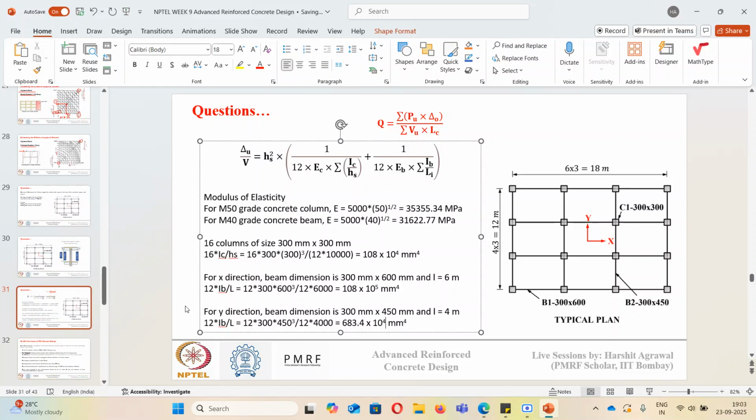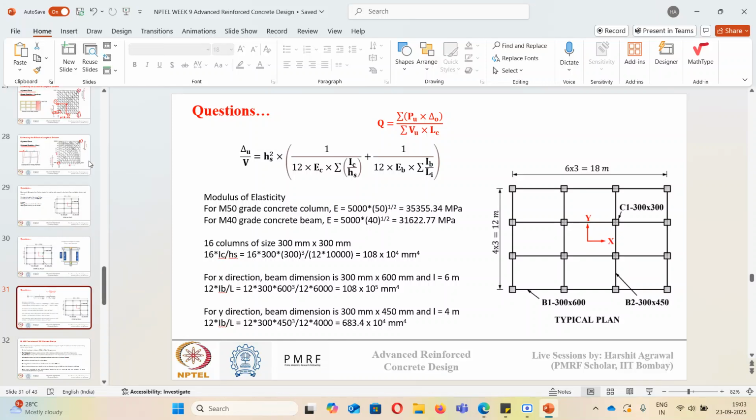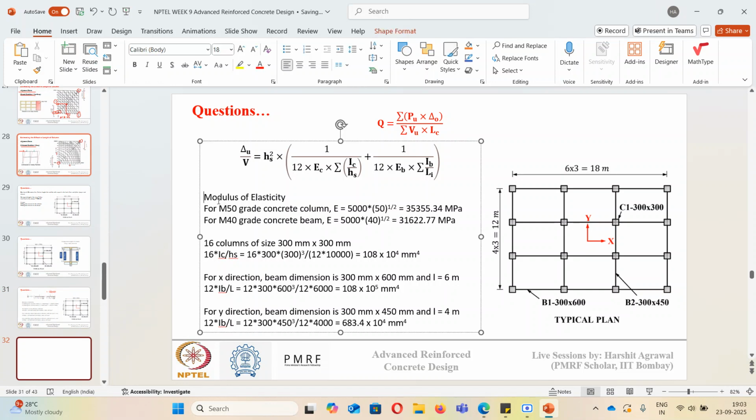So this is how we are calculating the moment of inertia upon length in x direction and in y direction for beam. And for column, in both x and y direction, it will remain the same. Now if I calculate this delta u by v value, it will again change in x direction and y direction. So I will subtract this whole part.